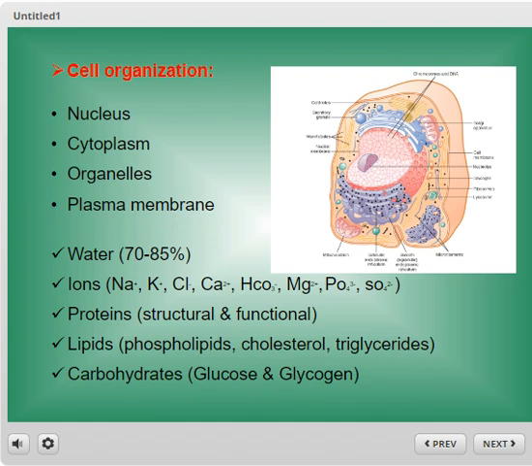For example, glucose is a primary energy source, and glycogen is a storage form of glucose. And other types of carbohydrate are located in the cell.